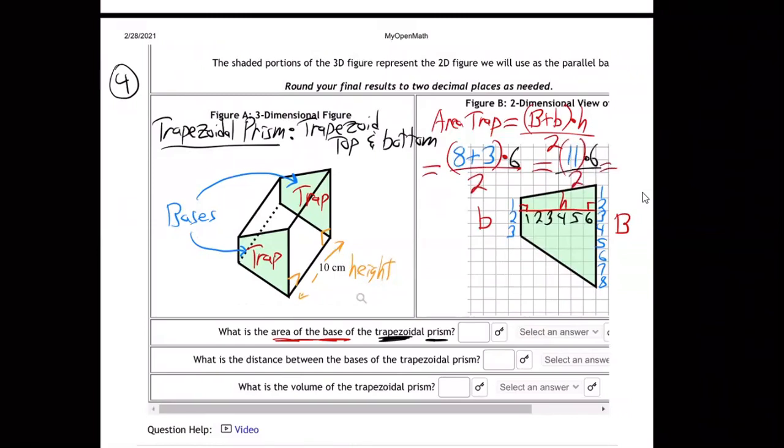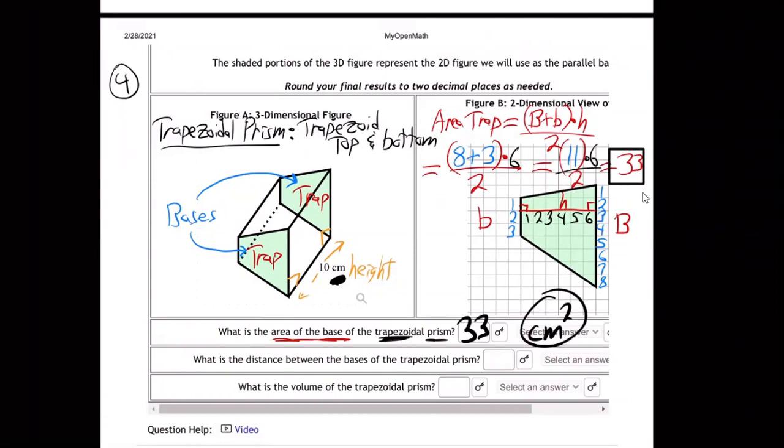And so mine comes out 33. So I'm getting that answer there. 33 is the area of the trapezoid. So that's the first question. What's the area of the trapezoid? My units are centimeters, so it's going to be square centimeters, because it's how many squares, right? Area is how many squares. You could fit 33 squares in this trapezoid.